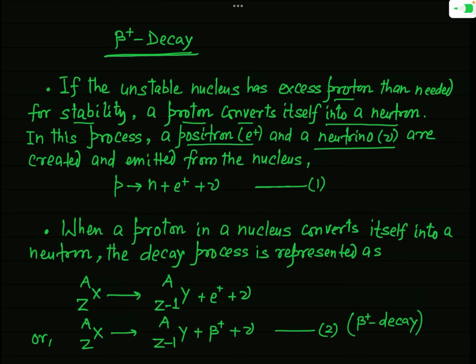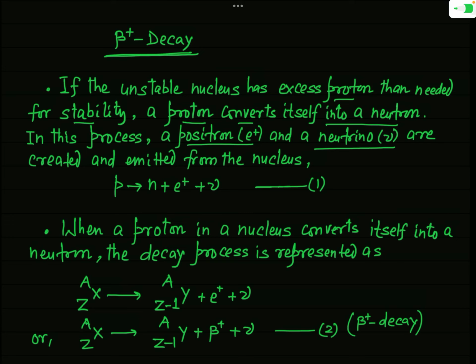In fact, this positron is simply the antiparticle of the electron. There is only one difference between the positron and the electron: the electron has negative charge, but a positron has the same magnitude of positive charge, and all other properties of positron and electron are the same.